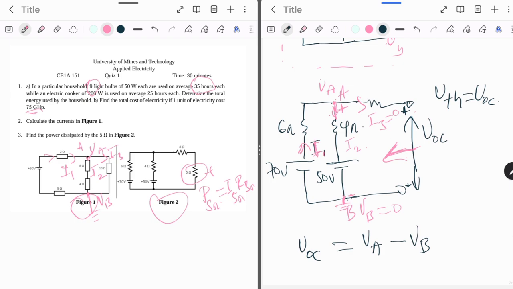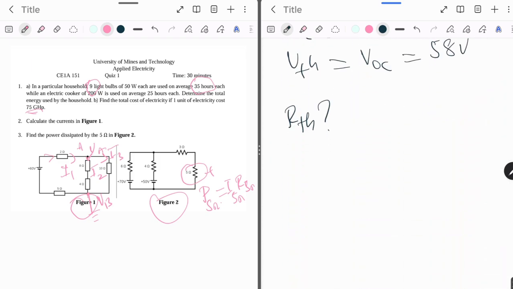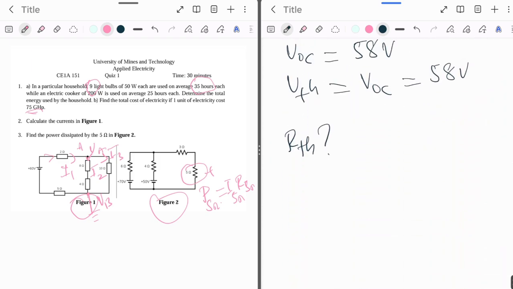So I come to this non-load part here, meaning with the load resistance removed, then I look at this circuit diagram to get RTH. RTH here is going to be equal to the equivalent resistance when all independent sources are turned off, right?